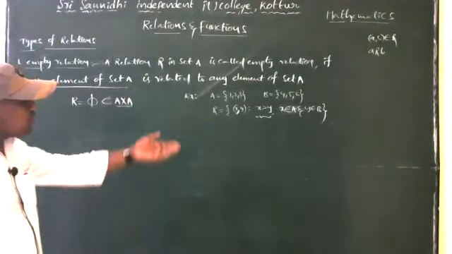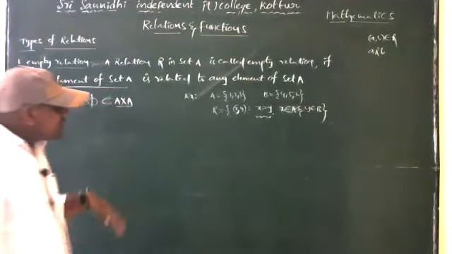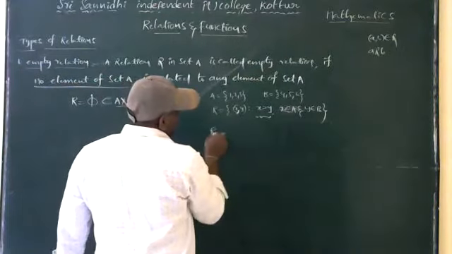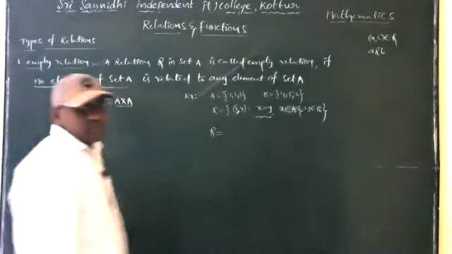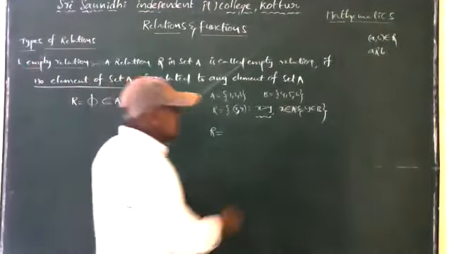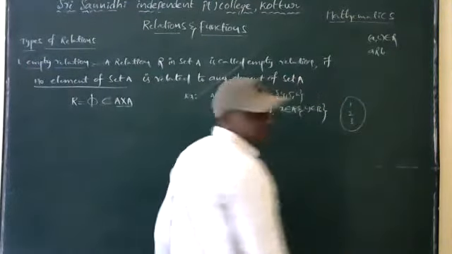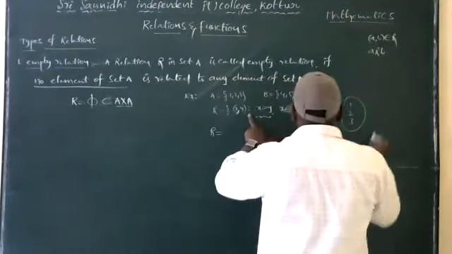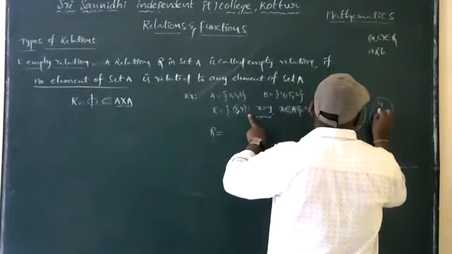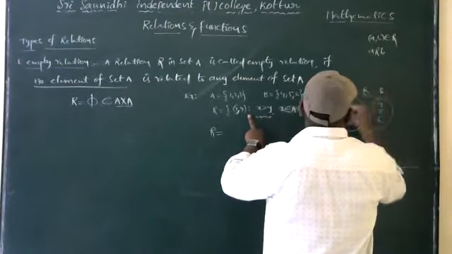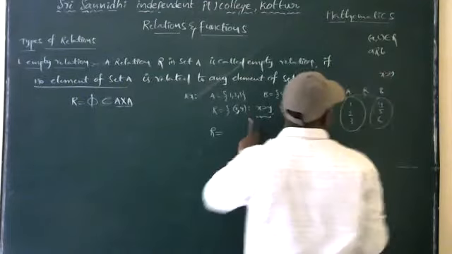Okay. Now, for this relation, is there any ordered pair possible? See, here 1 2 3 is there in the first set. In the second set, 4 5 6 is there. We define the relation from A to B, which is x greater than y.